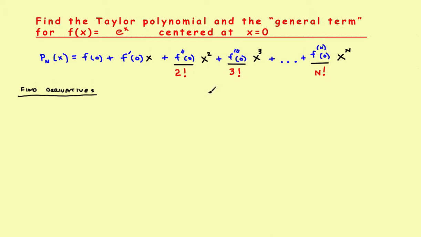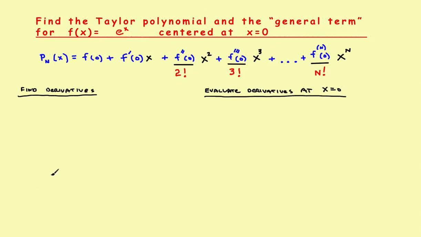So the first step is to find the derivative. Second step is to evaluate the derivatives at x equals 0. So that's going to be the second step.